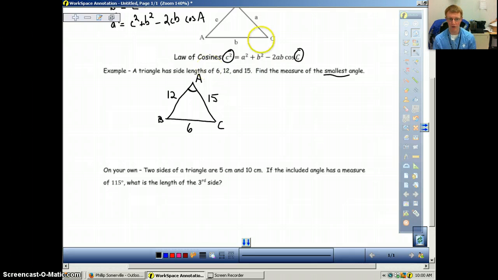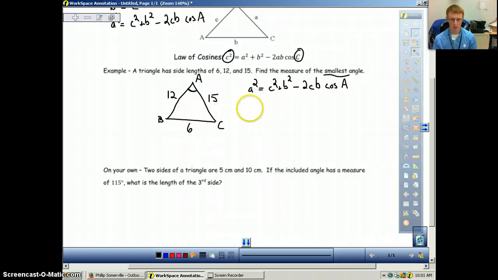Because we're looking for angle A, we've got to use the formula where it's cosine of A instead. So it's going to look like A squared equals C squared plus B squared minus 2 times C times B times the cosine of A. And this is what we are looking for. So everything else we know.